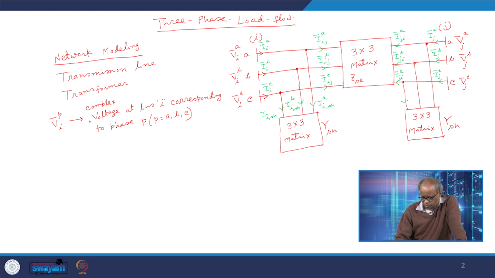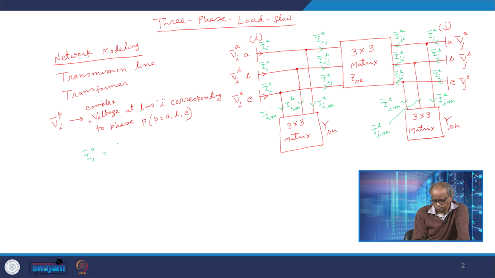And then similarly I have this current, which is IJ shunt A. This current is IJ shunt C, and this current is IJ shunt B.